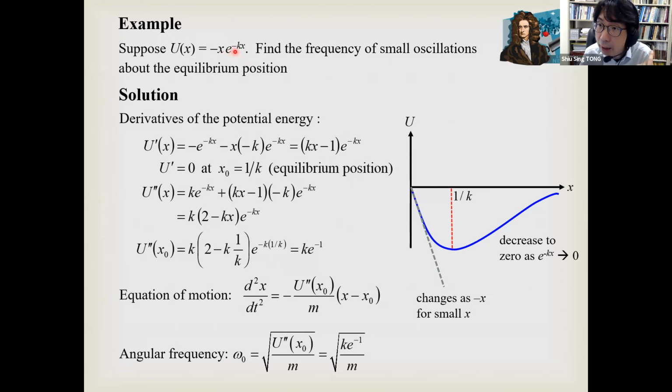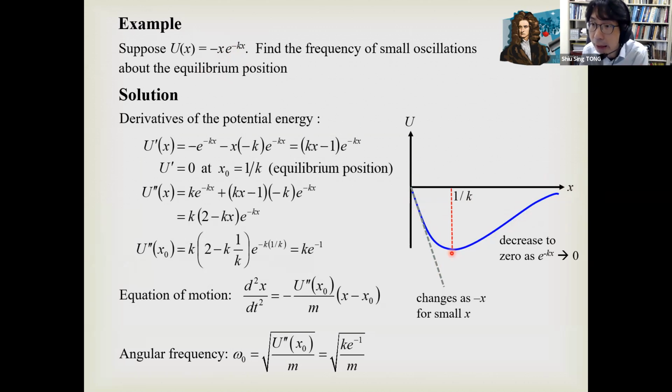But when x is getting large, you see the exponential term will dominate over. And the exponential term always tends to 0. So eventually the curve will tend to 0, but from the negative side. When x is large, this will eventually go to 0, but never touch the x-axis. So initially it goes downwards and eventually tends to 0.